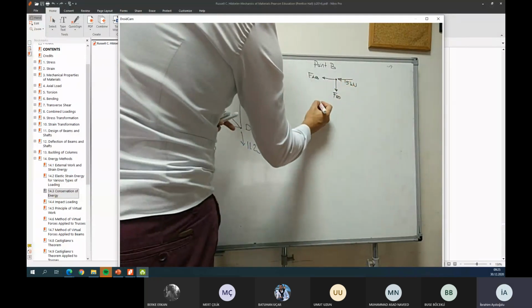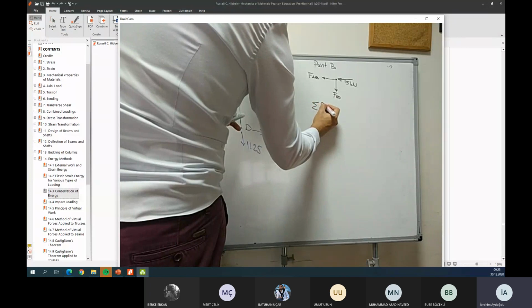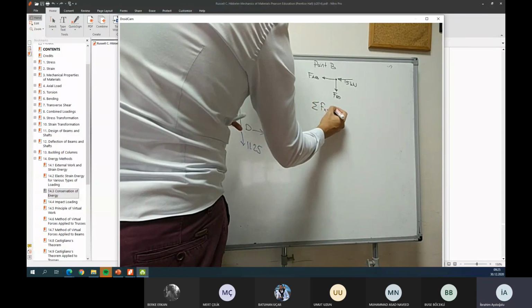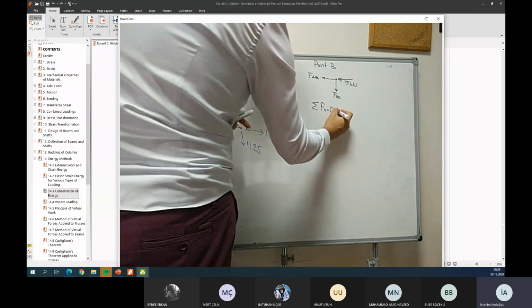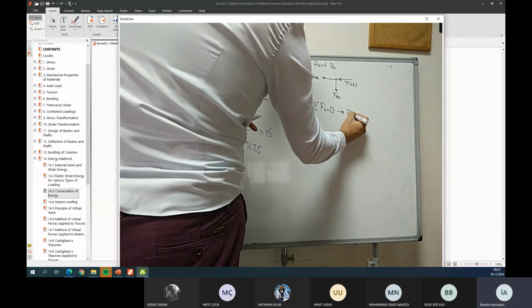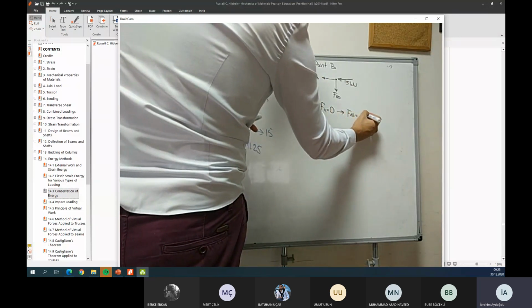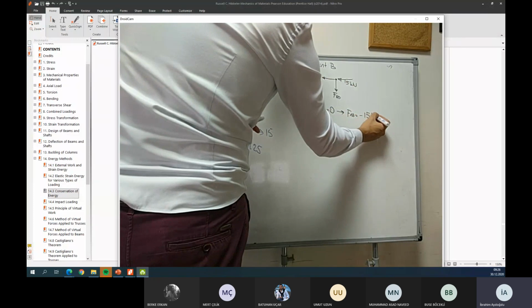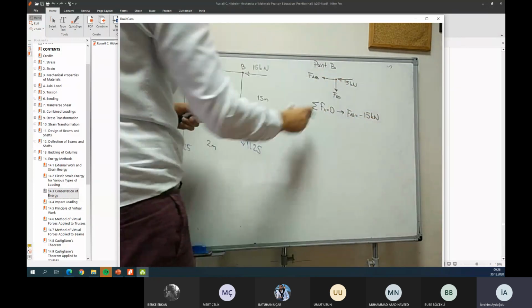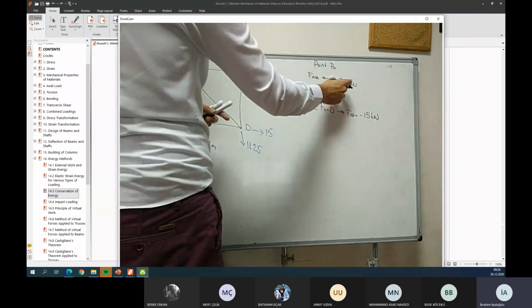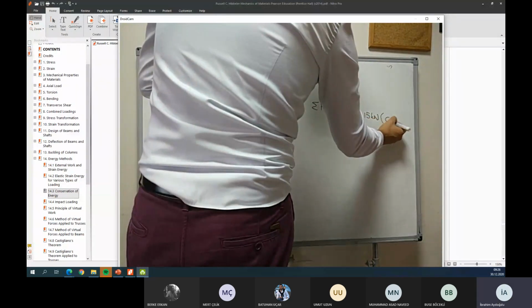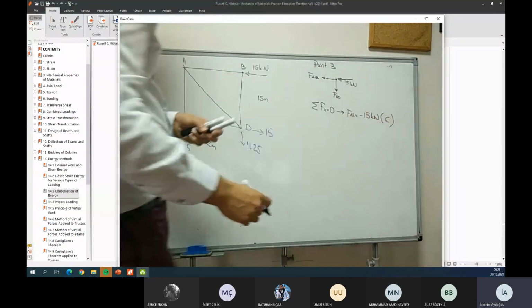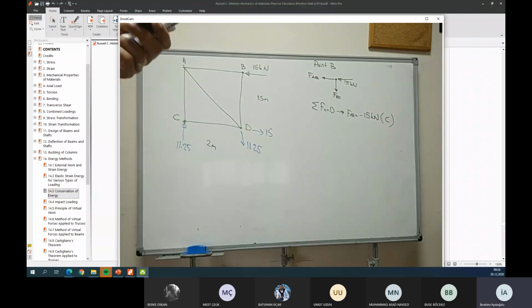You can see sigma Fx is equal to 0. Just two forces are available. So you can easily see FAB is equal to minus 15 kilonewton, meaning that my assumption is reversed. My assumption was that all the forces are tension, so if we obtain a negative value, I can say the force AB is a compression member.